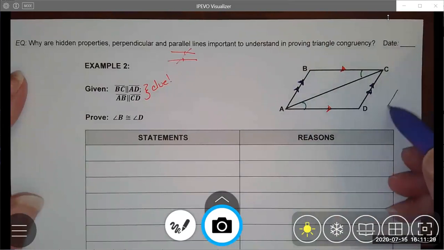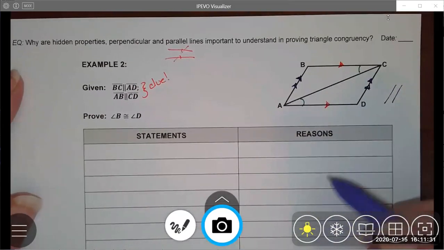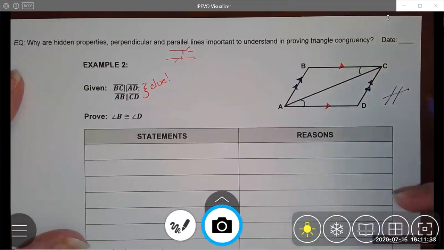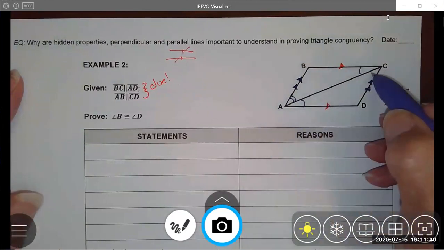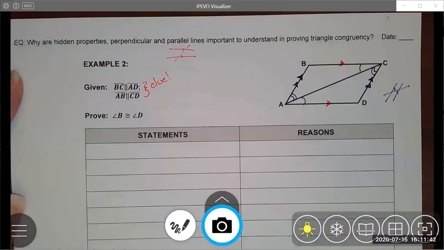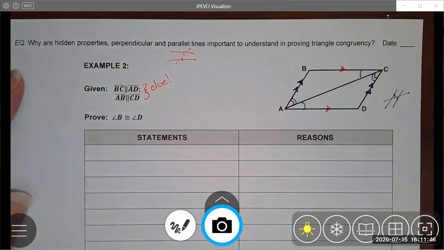And so in this case, I've got 2 parallel lines cut by a transversal. And so I'm going to have alternate interior angles again, and in this case, they're going to be here. So there are 2 sets of congruent angles. I need 3 congruencies to prove my triangles congruent.